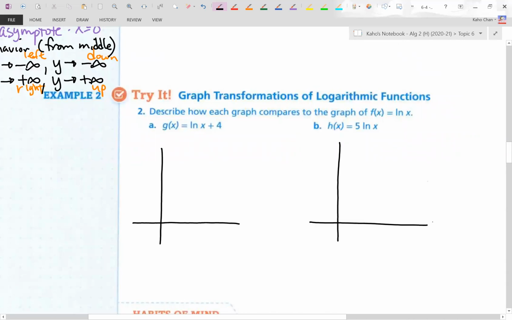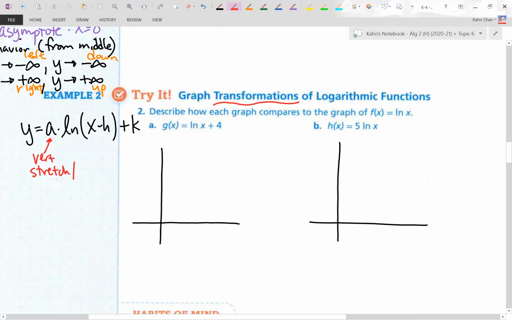And with any type of transformations, we have our A's, H's, and K's, ladies and gentlemen. It's that easy. If you know what the graph looks like, you can manipulate. Y equals A times the natural log of x minus h, plus k. Just a quick reminder, A, of course, is a vertical stretch, shrink, and reflection.